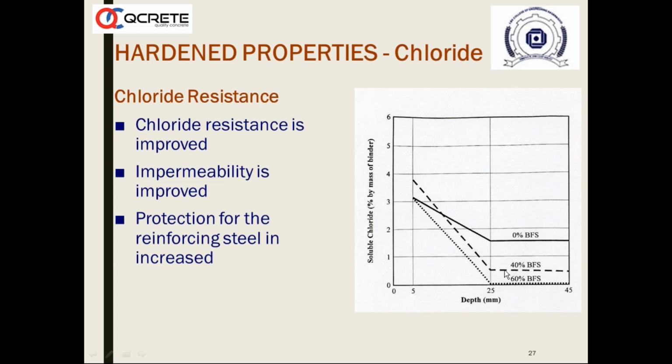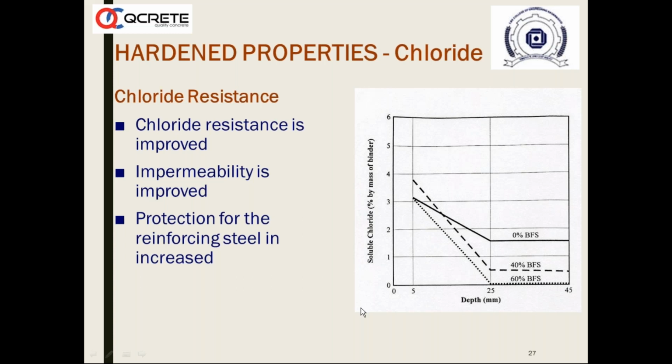But when you add about 40% of blast furnace slag, the soluble chloride goes down to 0.5% or 0.6% at a depth of 25 mm. And when you add about 60% of blast furnace slag, there are zero chlorides. It means that by adding about 60% of GGBFS, the chlorides have not been able to enter at about 25 mm. There are no chlorides available.